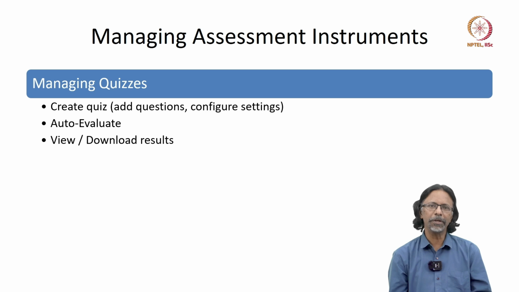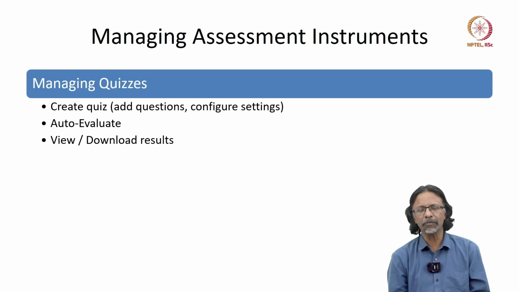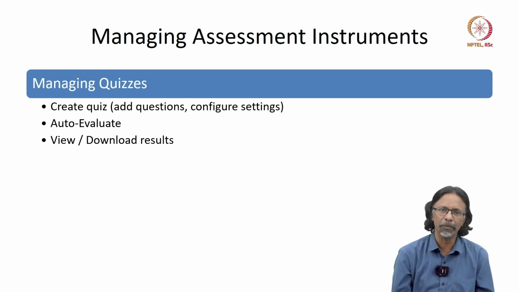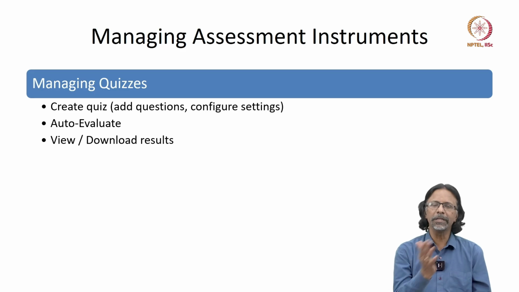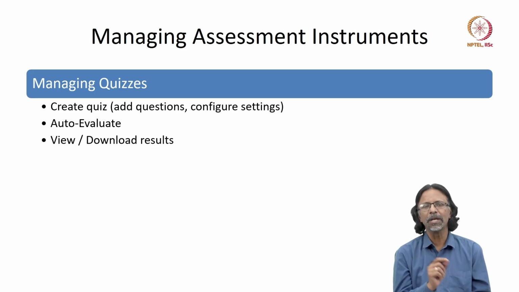And then the evaluation part of it, pretty much we will be looking at the auto evaluation option, which means that we'll assume the quiz contains questions which can be auto evaluated. If you recall, in the previous lecture, we looked at certain specific question types which are amenable for automatic evaluation.